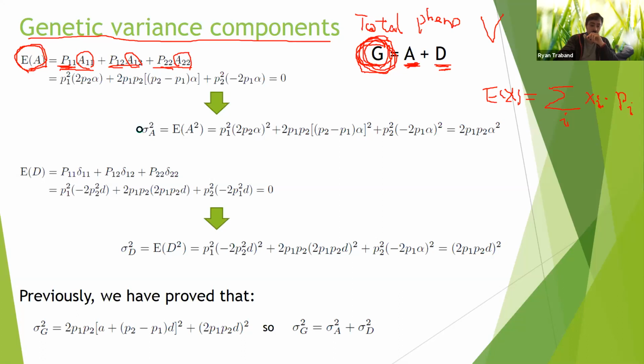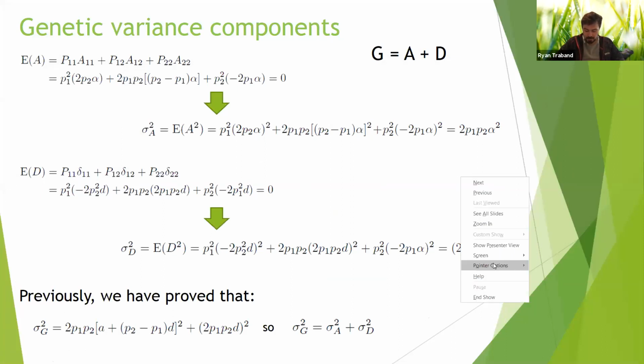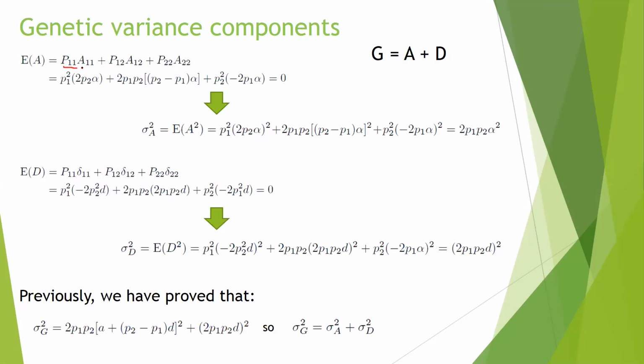Can you remind me of the nomenclature? A is the breeding value, and the P's here are probabilities. Let's go back to this slide.